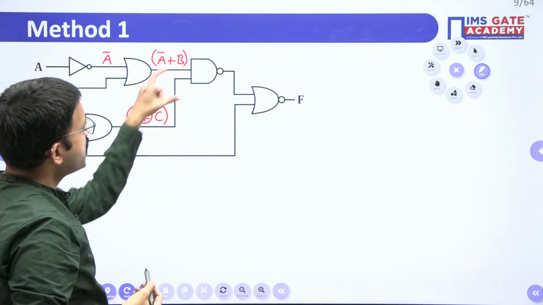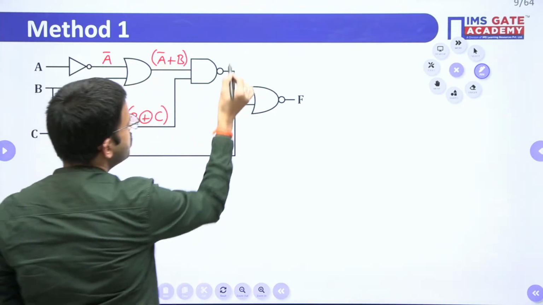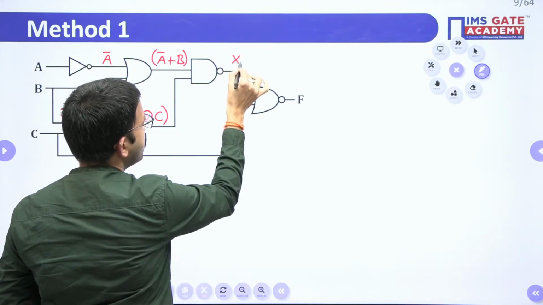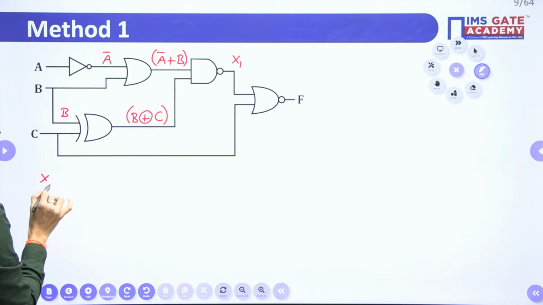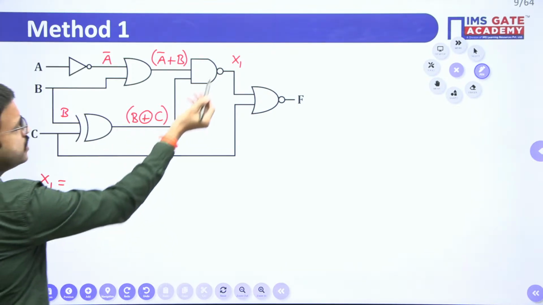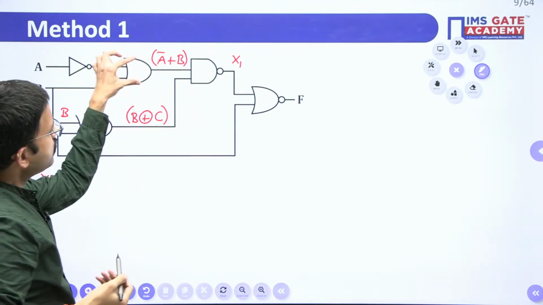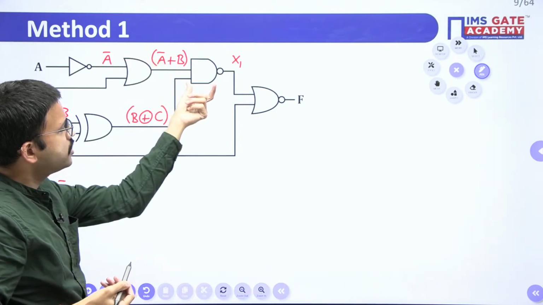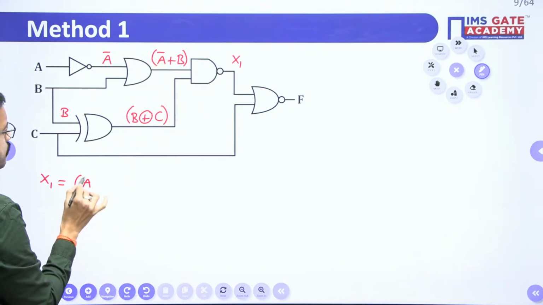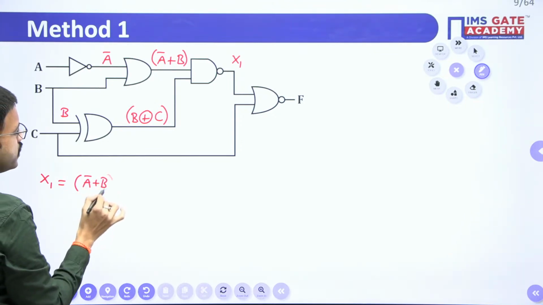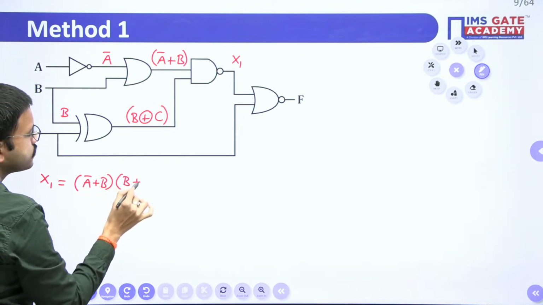Here you are having a NAND gate, that output I am labeling as one variable X1, where X1 is nothing but A bar plus B into B XOR C whole bar.